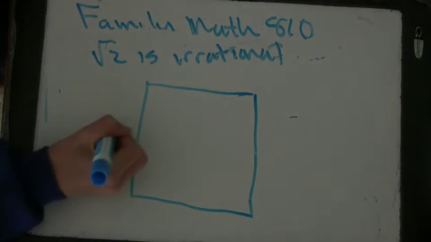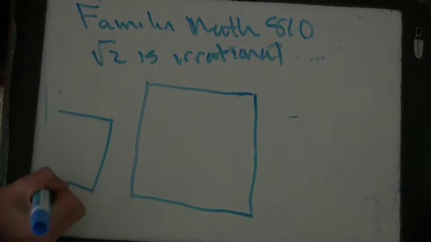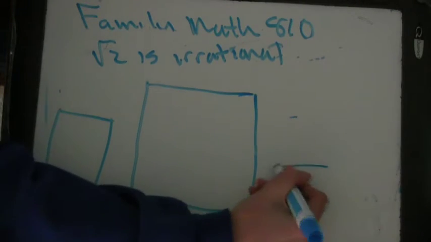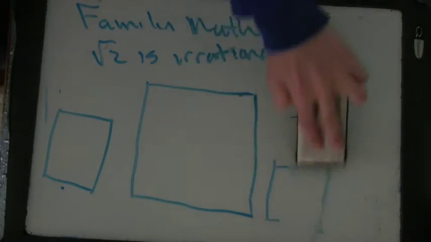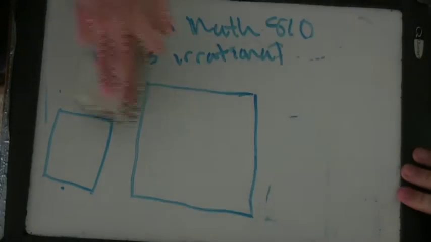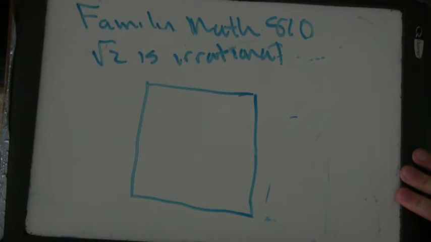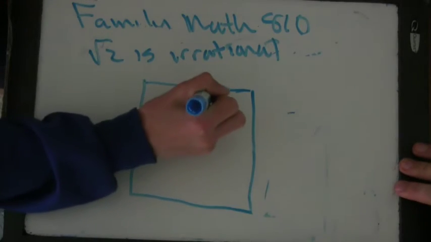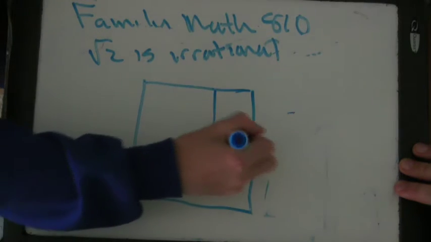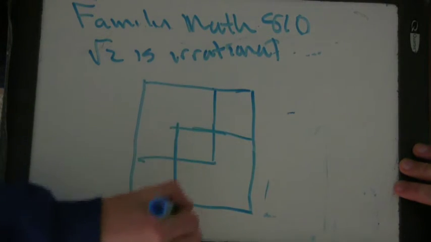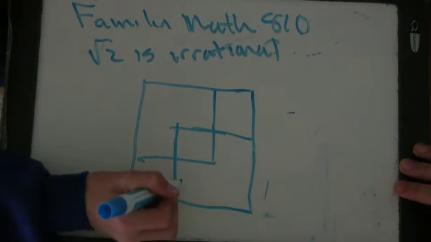And then you had two smaller squares, and then you put them inside the big square like this. Okay.